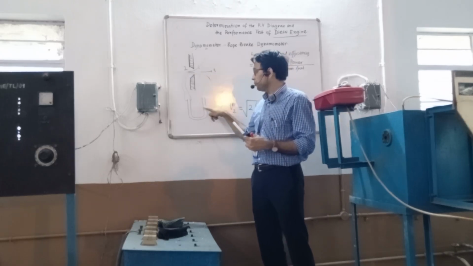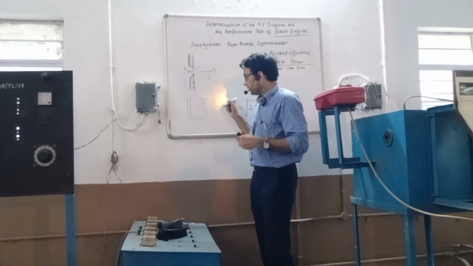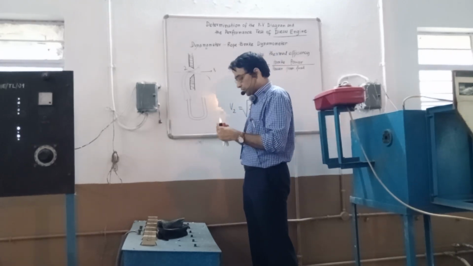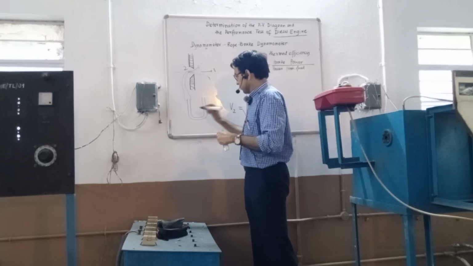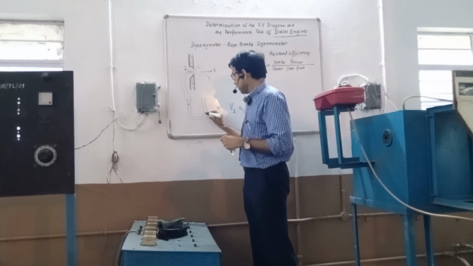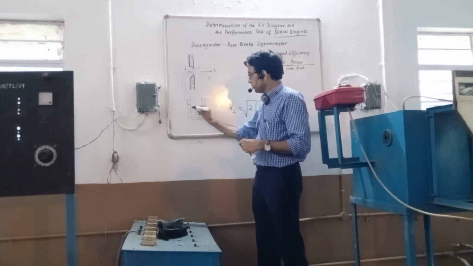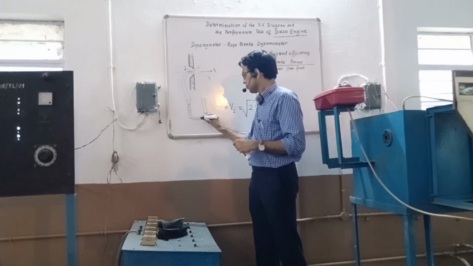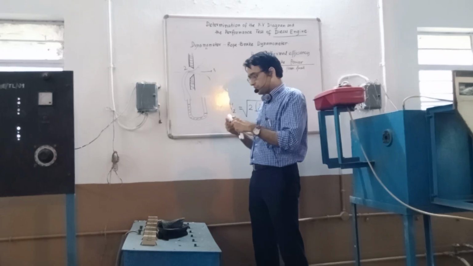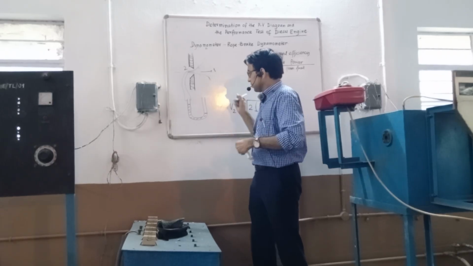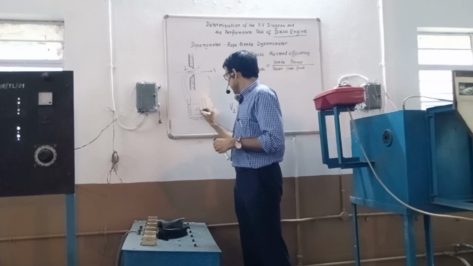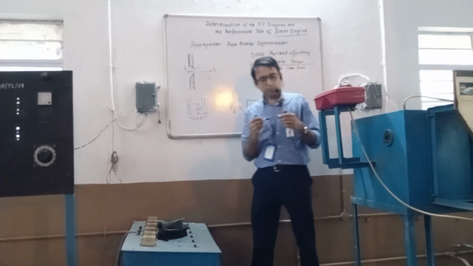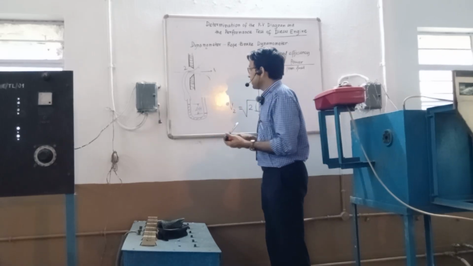Accordingly, the level of the manometer will be higher here and lower here because there is a depression. So there will be a manometric depression, that is called delta H.